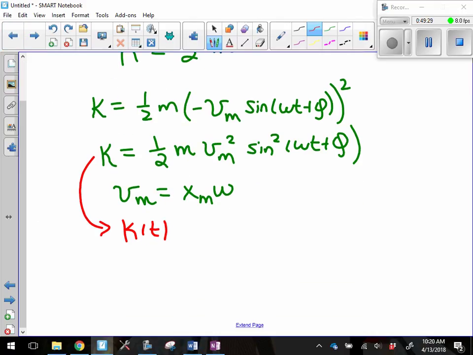Okay, so K of t then is going to be 1/2 m omega squared x_m squared times sine squared(omega t plus phi). Okay, just substituting stuff in.